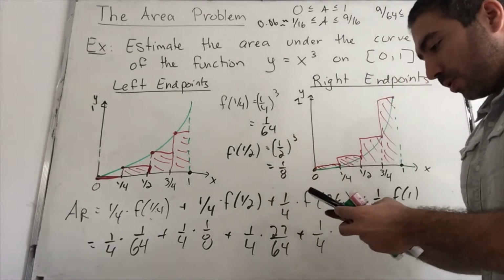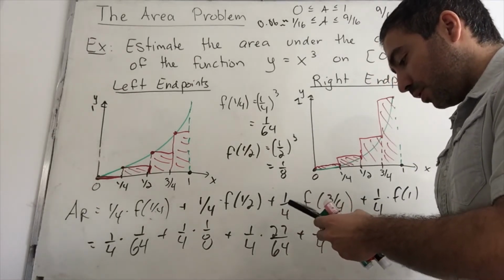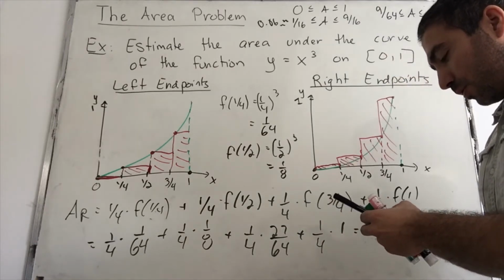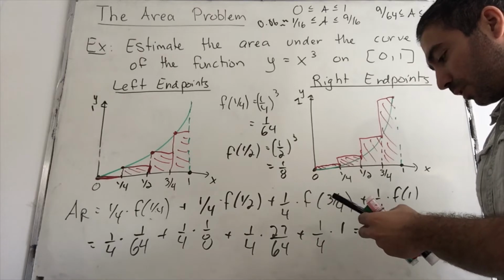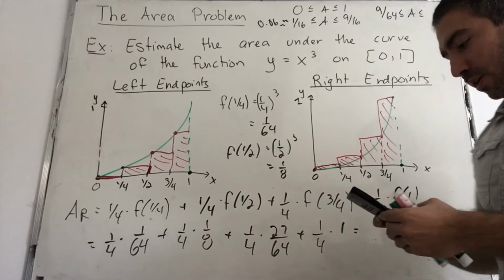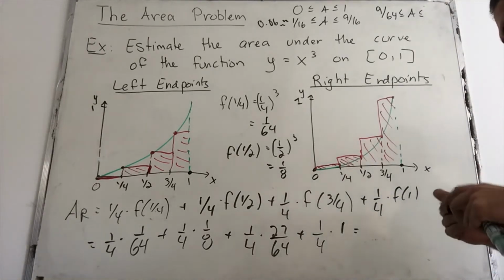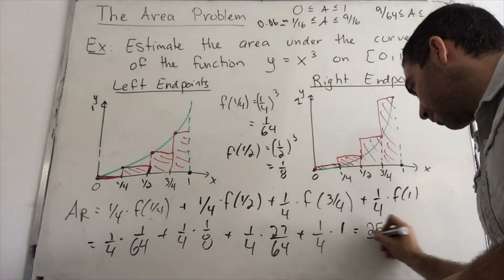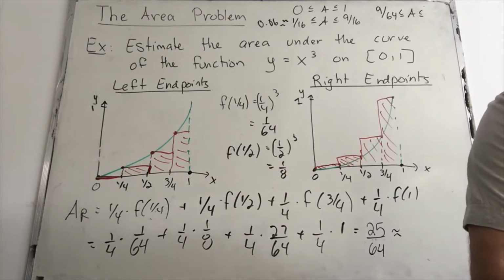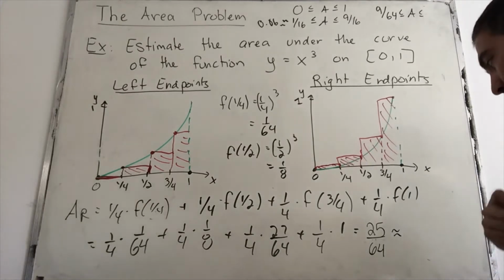Using a calculator, a quarter times 1 on 64 plus 1 on 32 plus 27 on 4 times 64 plus a quarter. So I'm getting 25 on 64. And in decimals, 25 on 64 is about 0.39.